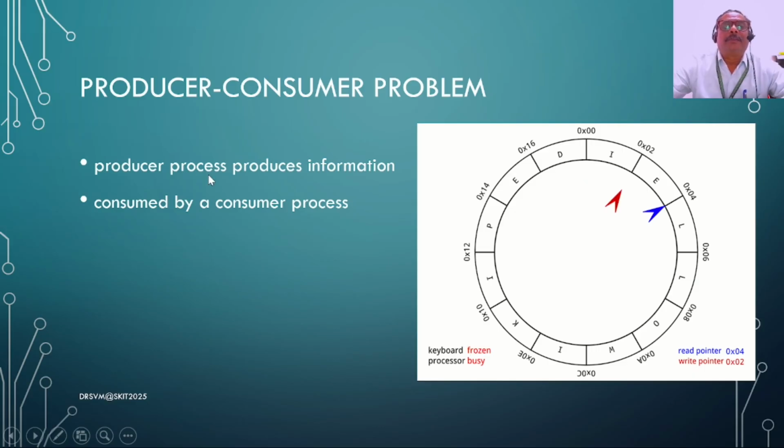Here the producer produces the information and the consumer consumes the information. This is very commonly done through shared memory, and we try to use a circular queue for sharing the information.